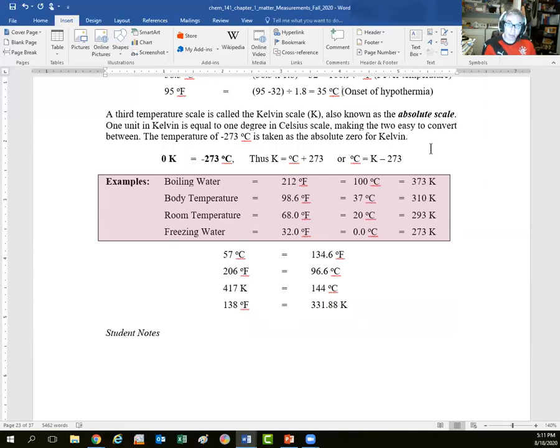Molecules start moving more slowly. And when molecules move more slowly, they eventually reach a point where they just stop. When molecules stop moving, there's no more kinetic energy to lose, and so temperature doesn't get any lower.